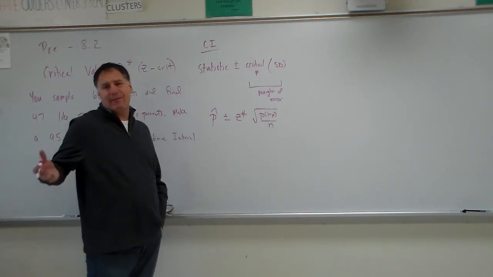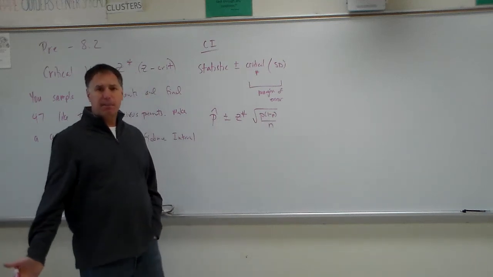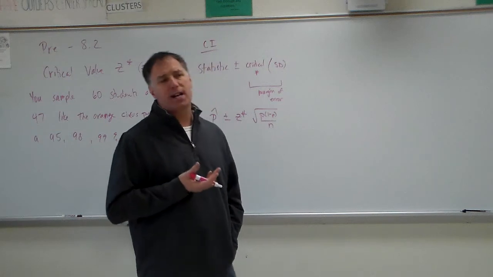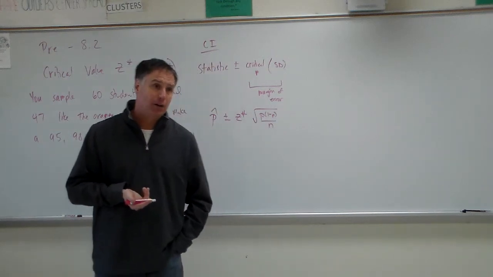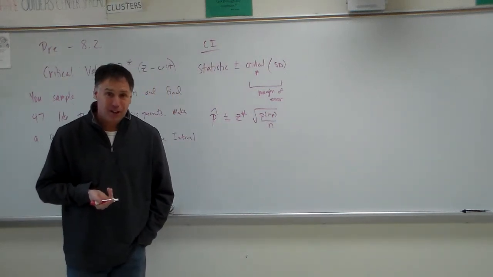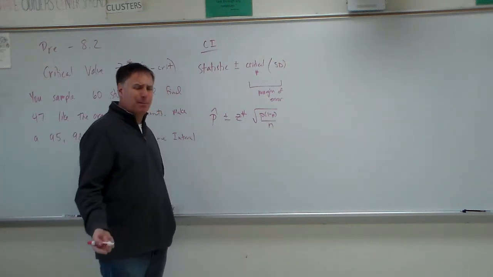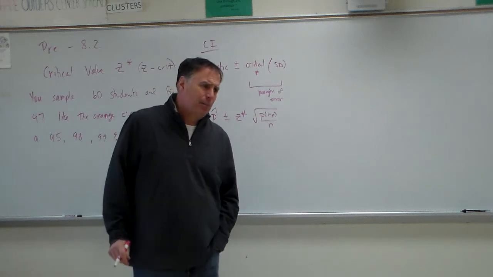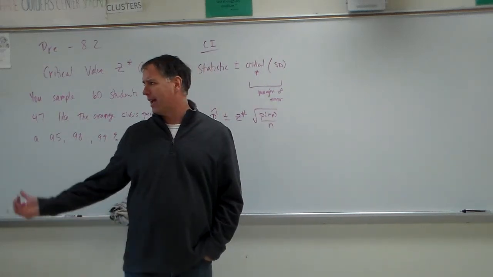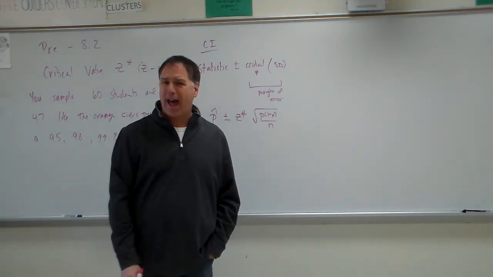To me, confidence intervals make the most sense because why are you doing a confidence interval? You're trying to find out what the truth is. We don't know. When they tell you what P is, the percent of people in the population who like circus peanuts, they don't know that.